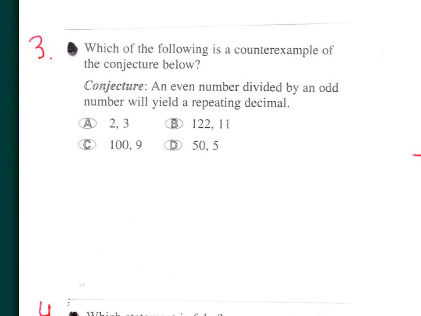So you got an even number like 2, 4, 6, 8, 10, 12, divided by an odd number, that's like 1, 3, 5, 7, 9. What they're saying is that will give you a repeating decimal, like a repeating decimal would look like this, 0.3333, and it would keep on going. So which of these 4, A, B, C, or D, proves it wrong?